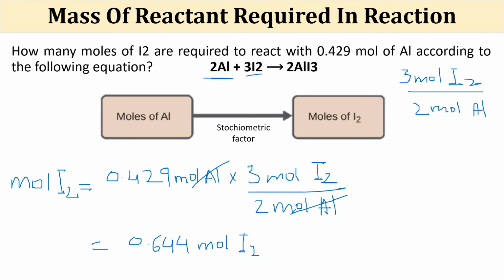So 0.644 mole of iodine is required to react with 0.429 mole of aluminum according to the given equation.